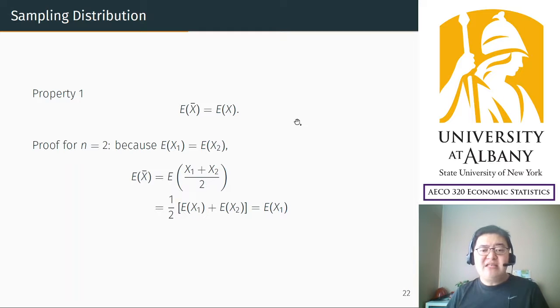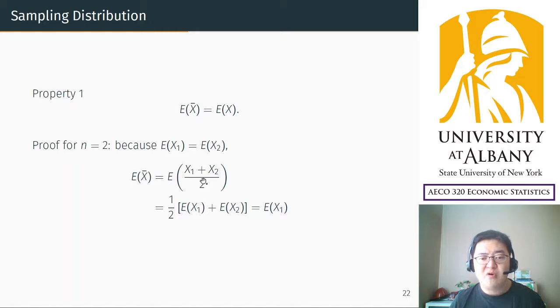It's easy to prove. For example, when you have two dice, we know by the assumption of random sampling that the first expectation and the second expectation are the same. Then the expectation of the average equals the expectation of x1 plus x2 divided by 2, by the definition of the average.